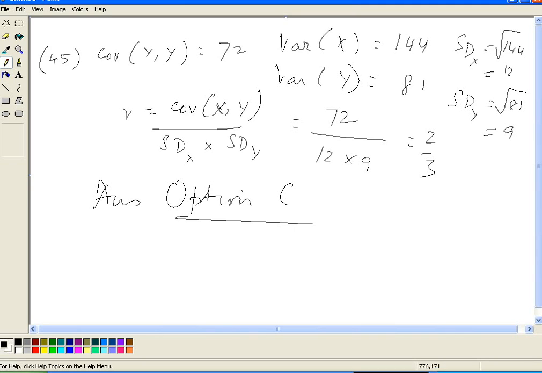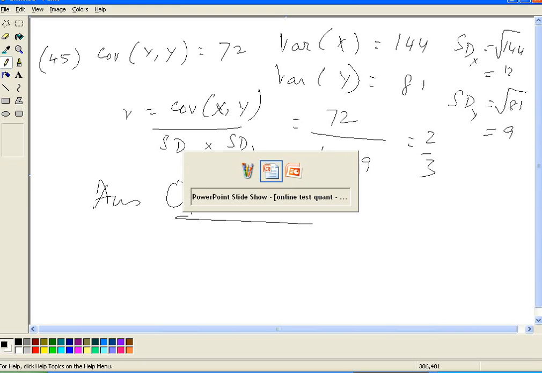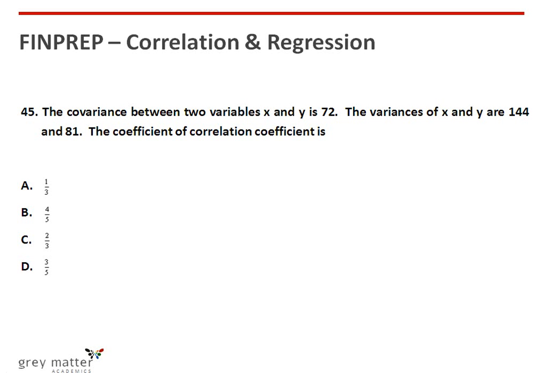Variance of y is 81, so standard deviation of y is 9. Using the formula, r is equal to covariance of x comma y by sdx into sdy, which is 72 by 12 into 9, which is 2 by 3. So the answer is option C. Going to our PowerPoint presentation, it is option C, which says 2 by 3.